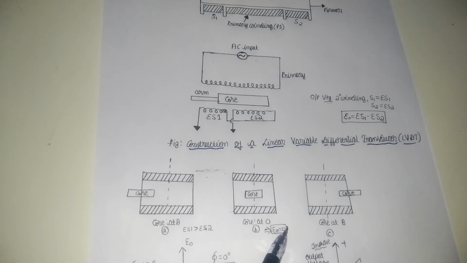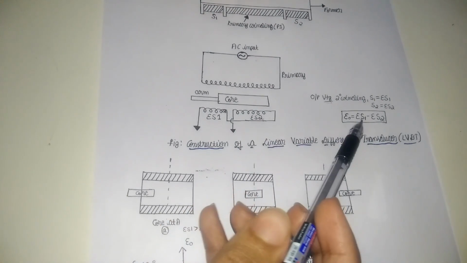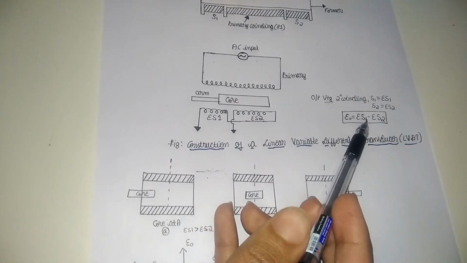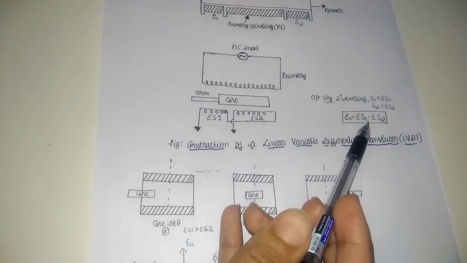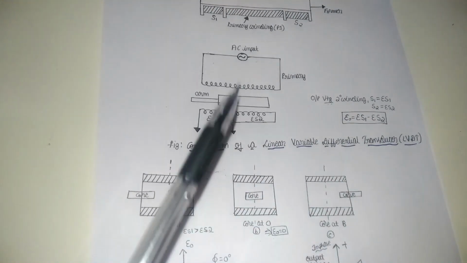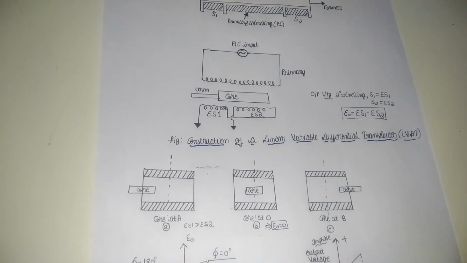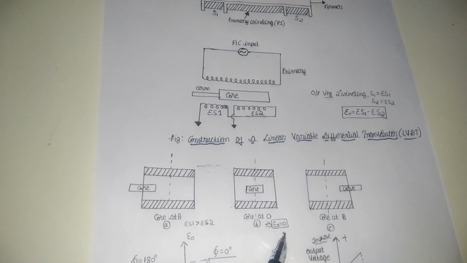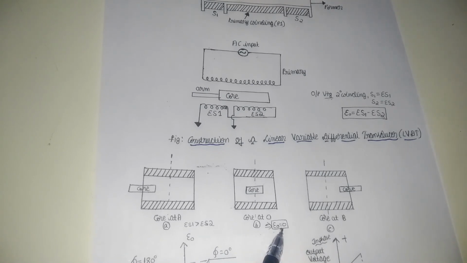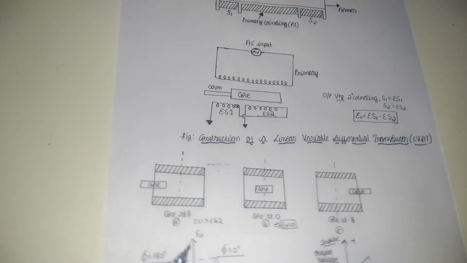Therefore ES1 is equal to ES2, and the output voltage obtained is 0 when the core is in its null position.